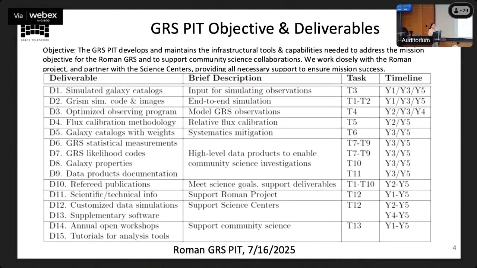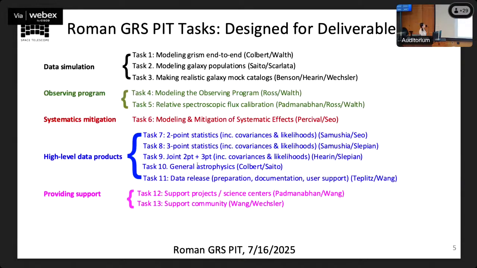And of course, our work is really centered on enabling us to make these deliverables for you. Here are the tasks that map to the deliverables, and I put them in color-coded categories.